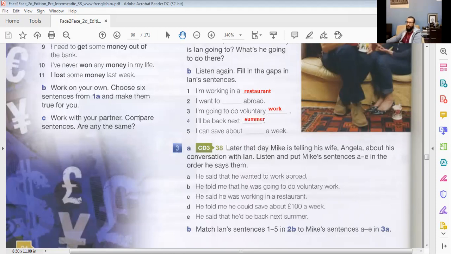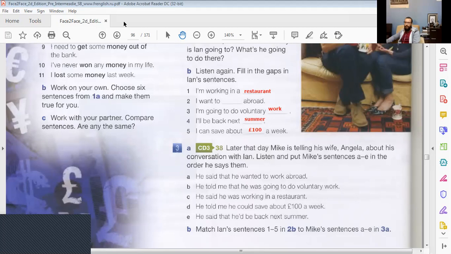Number 5? I can save about £100 a week. A week, yes. Okay. Let's listen again and check, and also try to get number 2 if you can, okay? So let's listen again.